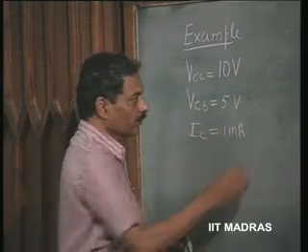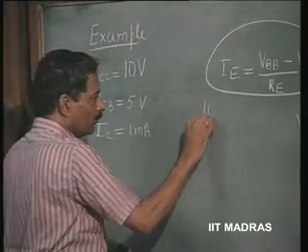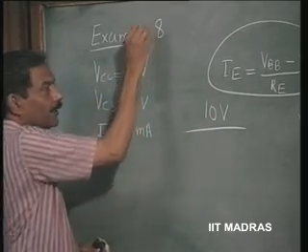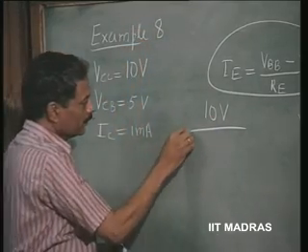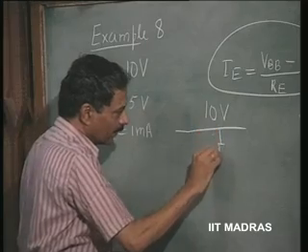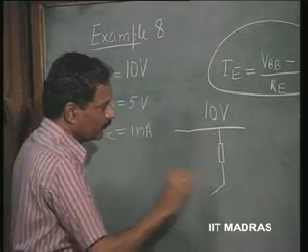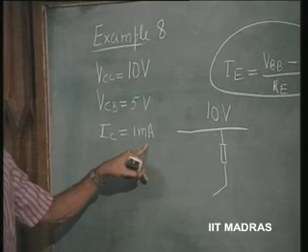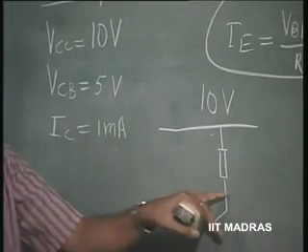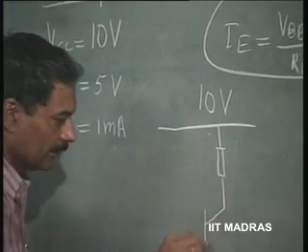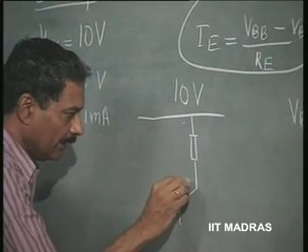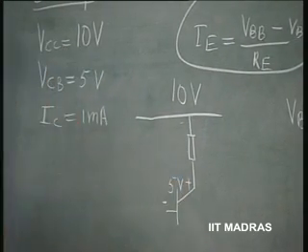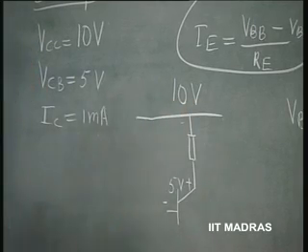I use. So, we have 10 volts being used, example 8. So, 10 volts being used, let us put an RC here and IC equal to 1 milliampere. So, what will be the RC, because VCB is this voltage, this shall be 5 volts, this is 10 volts.